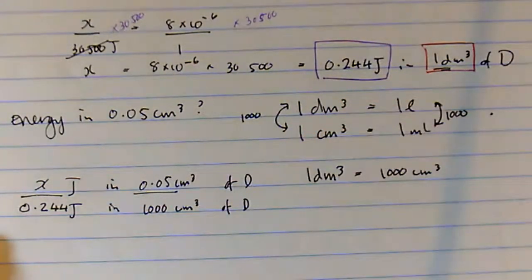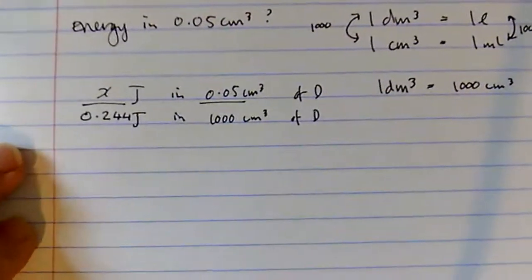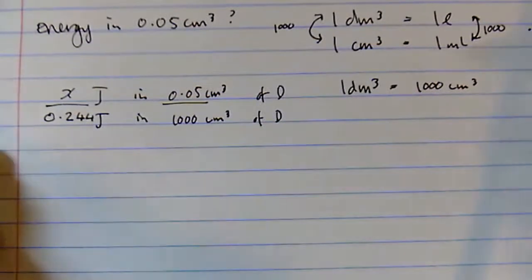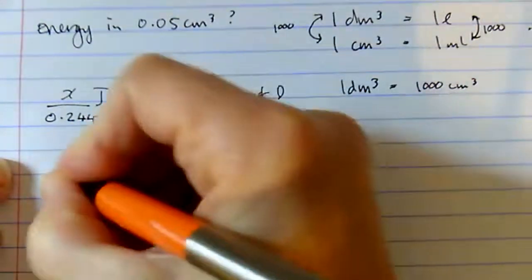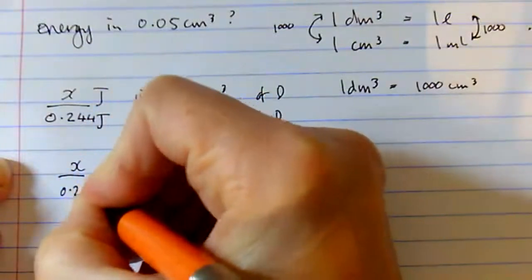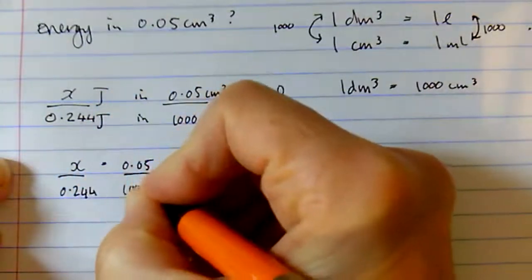So again, if I want to turn that into an equation, I'll do exactly what I just did before, and hopefully that fits in with your GCSE maths. I say x is equal to 0.05 divided by 0.244 divided by 1,000.